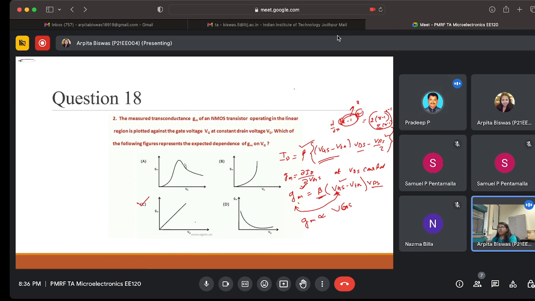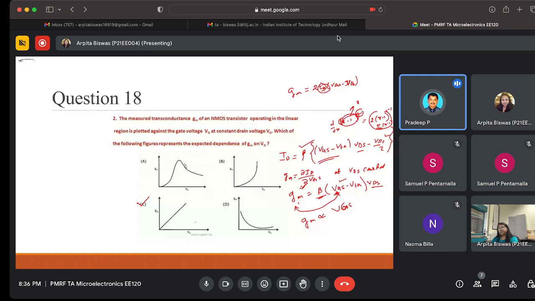Actually, in the saturation region, ID equals mu Cx, VGS minus VT whole square by 2, into W by L. If you differentiate, you get mu Cx W by L, VGS minus VT, which is dou ID by dou VGS.